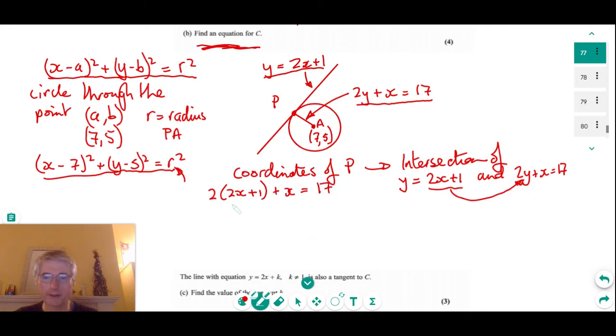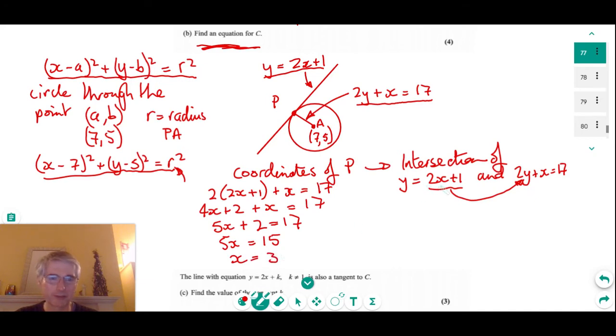If I multiply that out, I get 4x plus 2 plus the x equals 17, and then 5x plus 2 equals 17. Take away 2 from both sides, 5x equals 15, and so divide by 5, you can see that x equals 3.